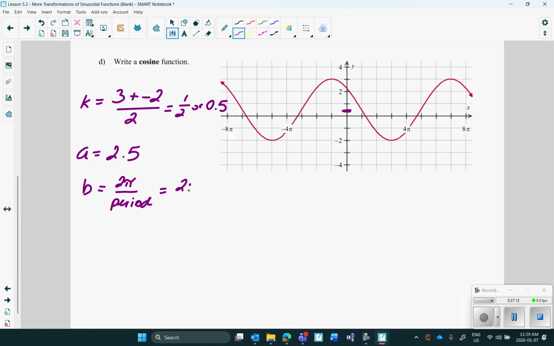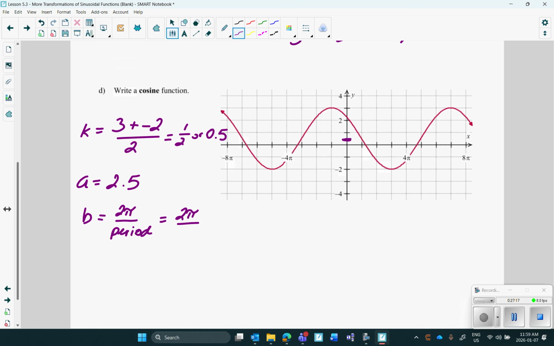So we've got to find the period. We're looking at a cosine. So here's where a cosine starts and finishes. Notice the number of notches now. It's not starting and finishing in 4 notches. It's starting and finishing in 8. How much is 1 notch?